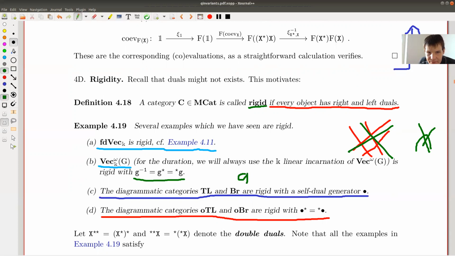Well, you always have a map in G-graded vector spaces from g tensor g inverse to the unit. And that's basically your evaluation map. And there's a map the other way around, which is, of course, the co-evaluation. And that's why you need the inverse. The inverse is the dual.